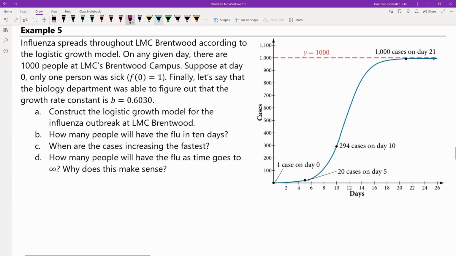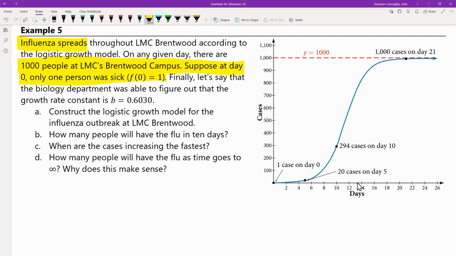Suppose we have influenza that spreads through LMC Brentwood. Influenza, your good old, normal, regular flu. At any given day at LMC's Brentwood campus, there's maybe about 1,000 people, give or take. And suppose at day 0, one person gets sick.